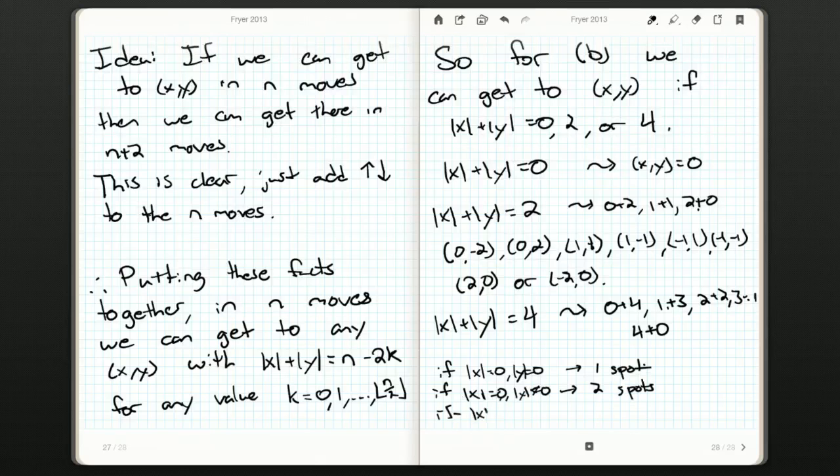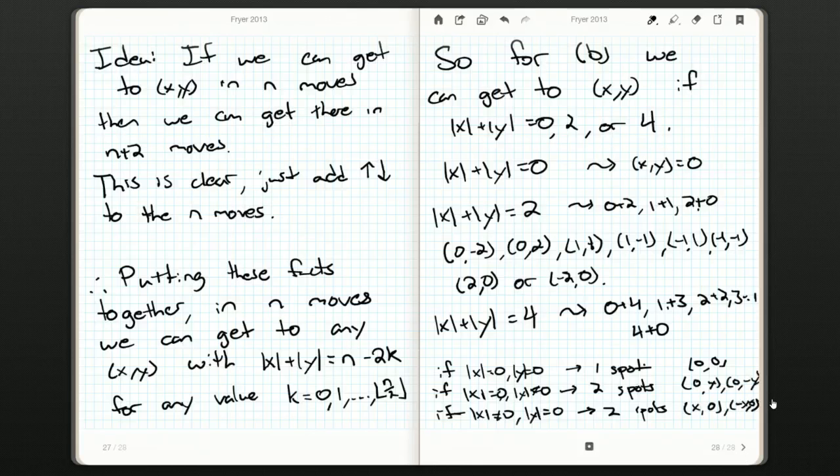Same with the absolute value of x not equal to 0 but the absolute value of y equal to 0. 2 spots, we get (0, y), (0, -y), and here we'd have (x, 0), (-x, 0).